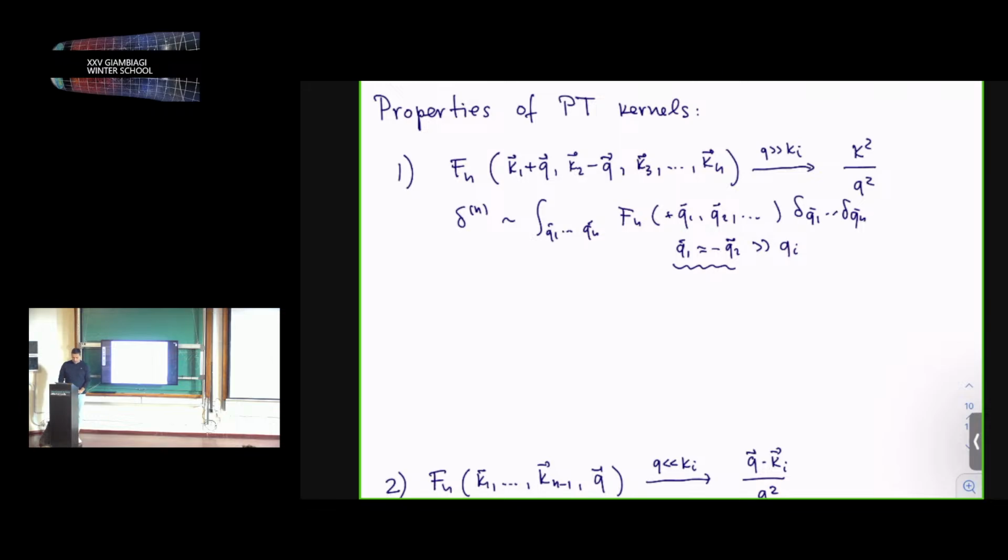And so basically this is the question: how can small scales affect, through these gravitational and nonlinear interactions in the fluid, the long wavelength density fluctuation? This is the question that you're trying to answer when you're considering this particular momentum configuration.